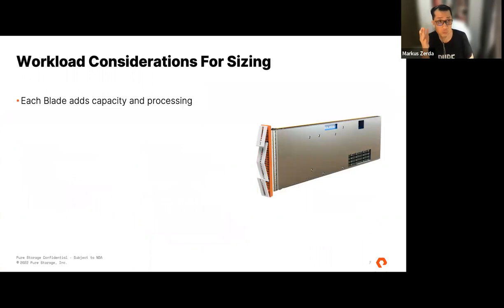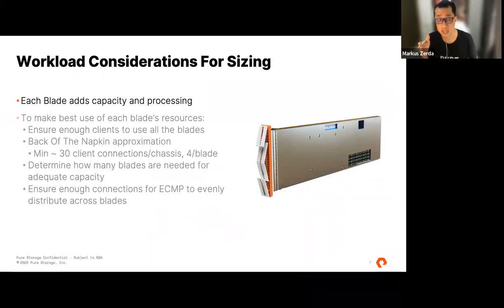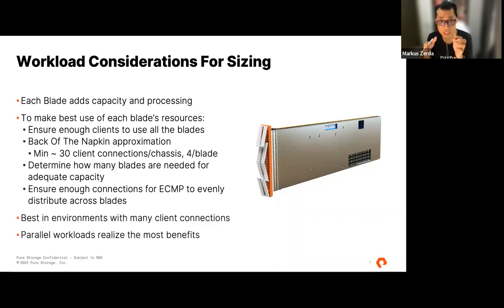So what workloads to consider for the FlashBlade? Again, the FlashBlade is a big bandwidth array. It's built for a huge number of clients. An approximation here is that you need to have at least 30 clients per chassis, or 4 clients per blade.